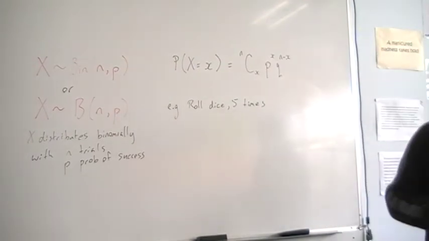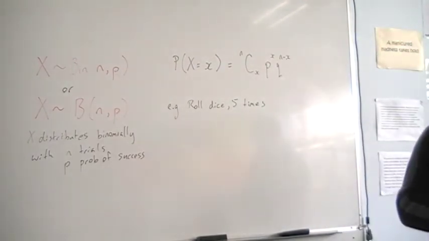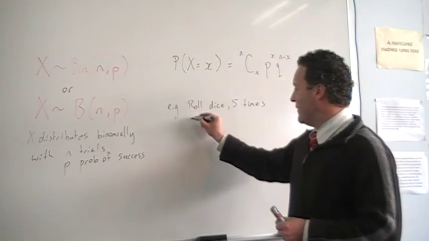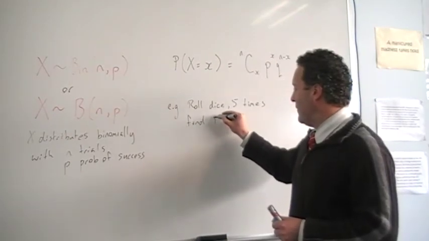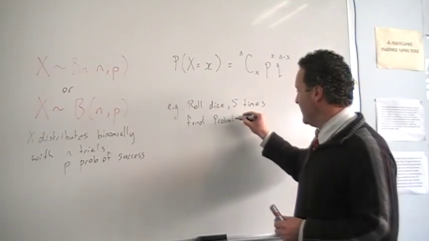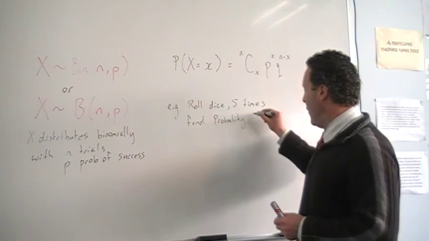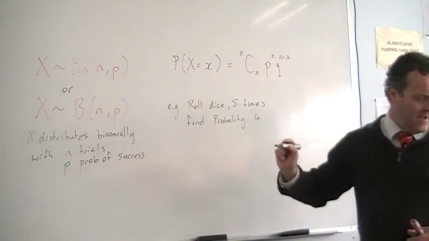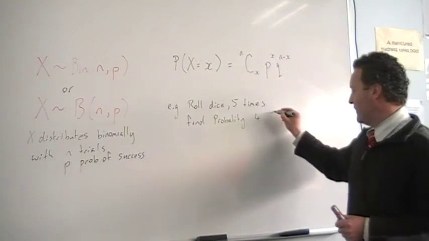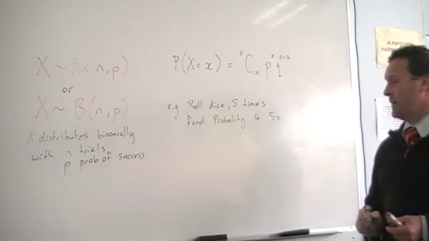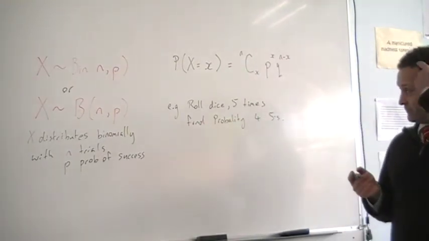And I want to find the probability that I get exactly 4 fives. Let's see how we set that up.